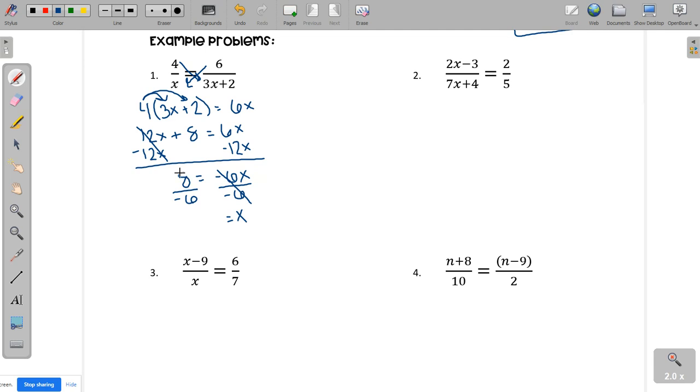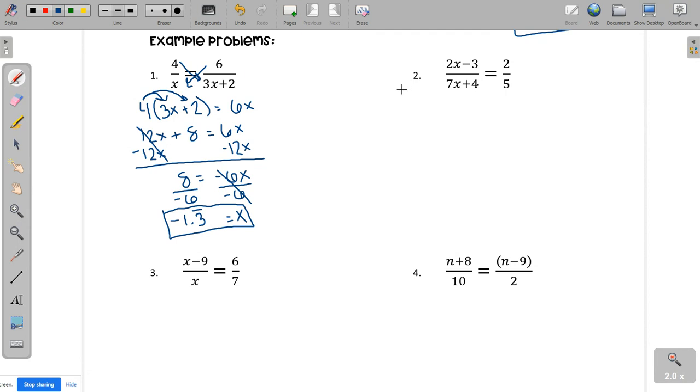And now we have 8 divided by negative 6. That is negative 1.3333. That 3 is repeating. You could have left it as 8 over negative 6, which would simplify to negative 4/3.